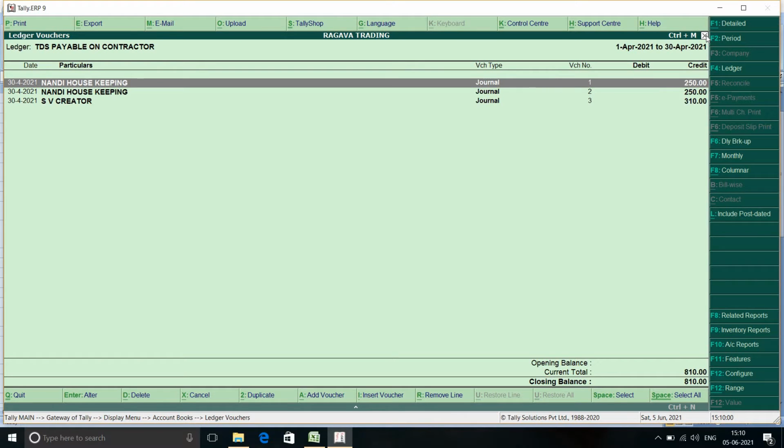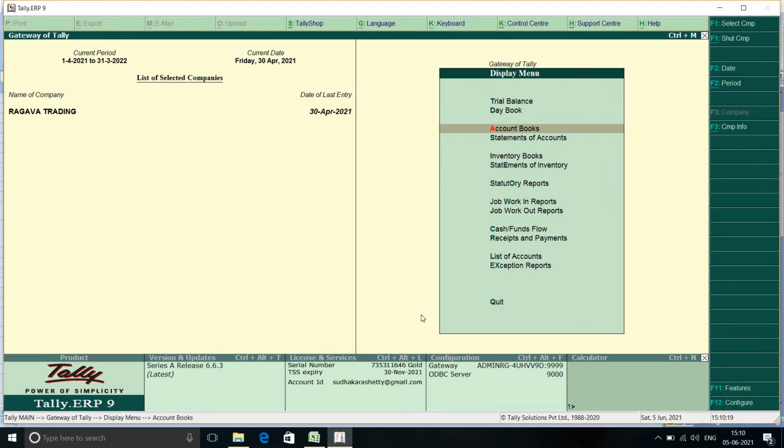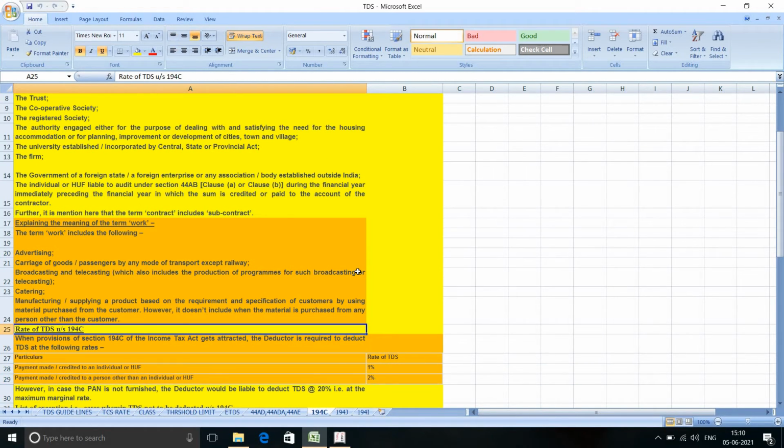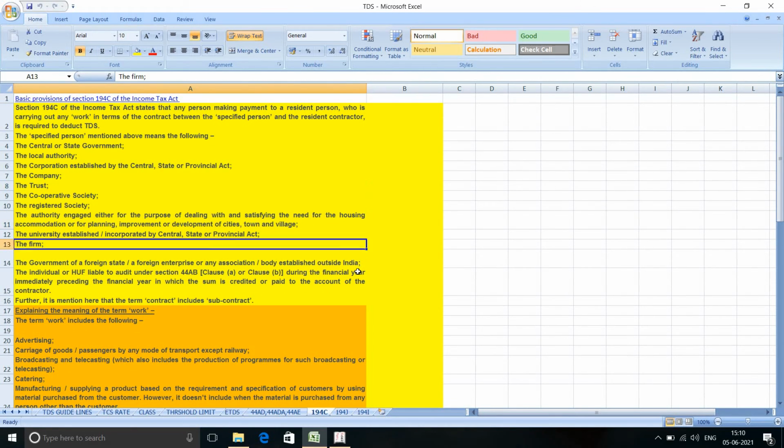We deduct this from our supplier, and before the 7th of next month we have to deposit this amount to the income tax department. This is the TDS on contractor, 194C.